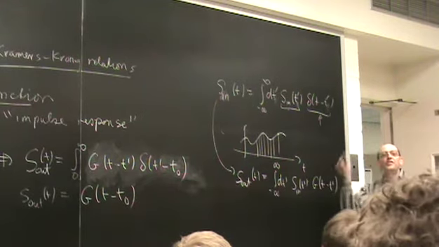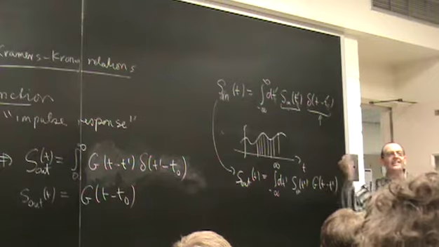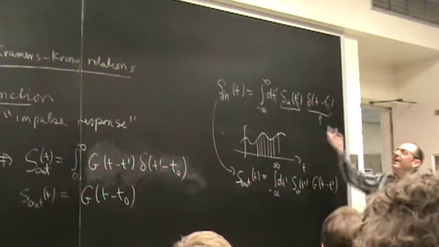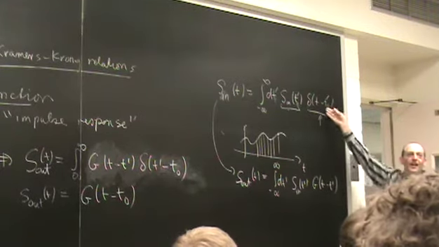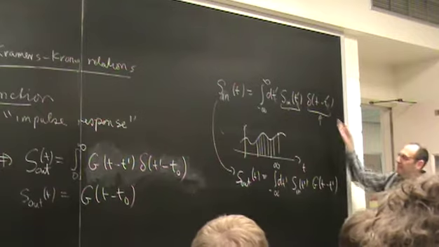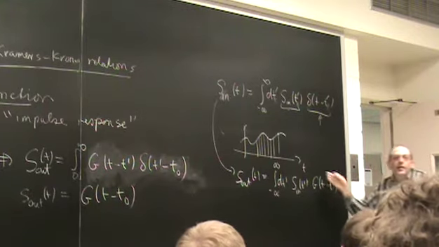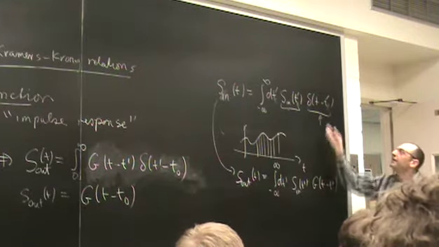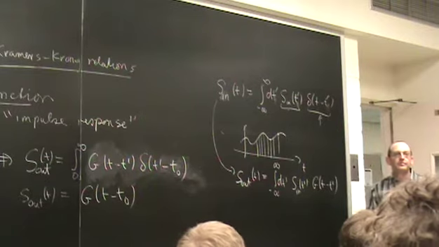That's what the Green's function means. It's not just a math thing. It's just the principle of superposition. Each impulse gives rise to a Green's function, and then we weight that by the strength of that impulse.